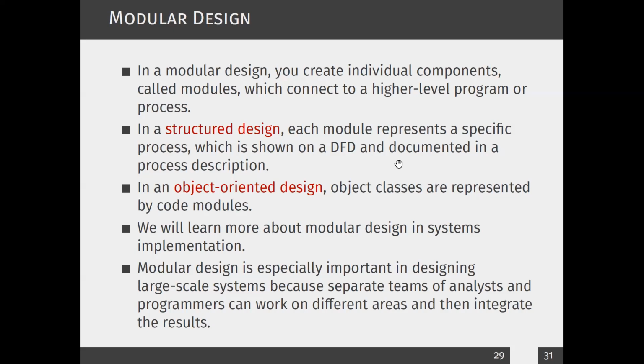Now, in a structured design, where we have traditional system development, each module means a specific process. That means data flow diagrams, which we have seen earlier, right? So each module is a particular process in the DFD.